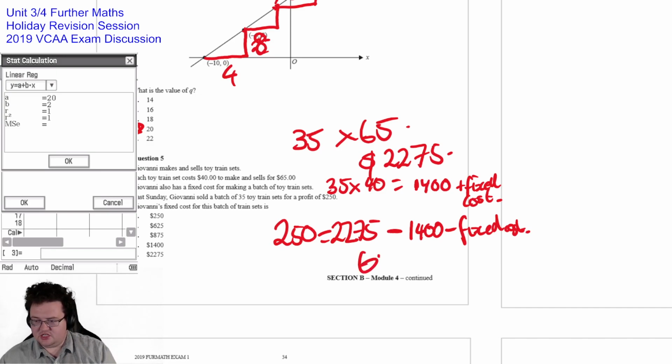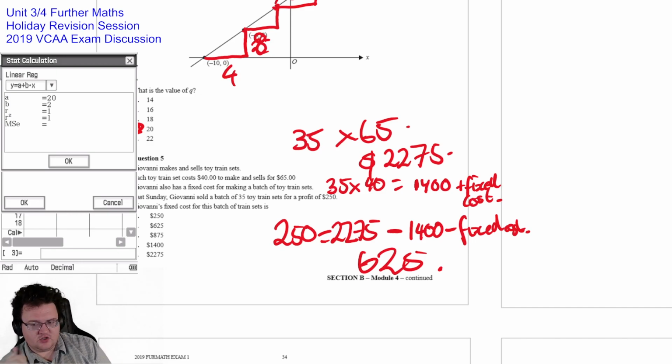And that fixed cost is $625. So no matter how many he makes, there's always that minimum cost that he has to put in to make his train sets. So 2275 minus 1400 is 875. 875 minus the 250, 625. So that's B.